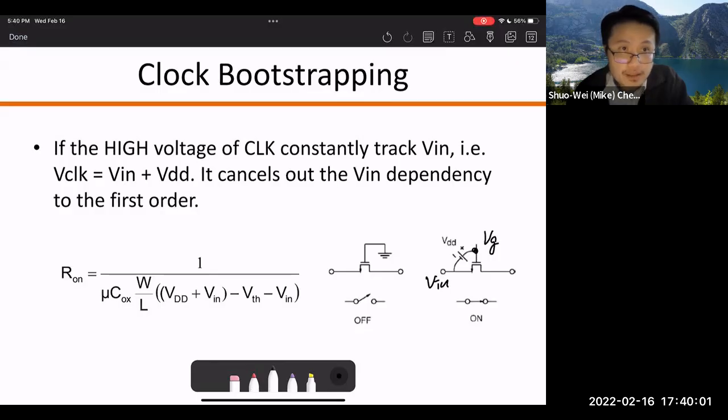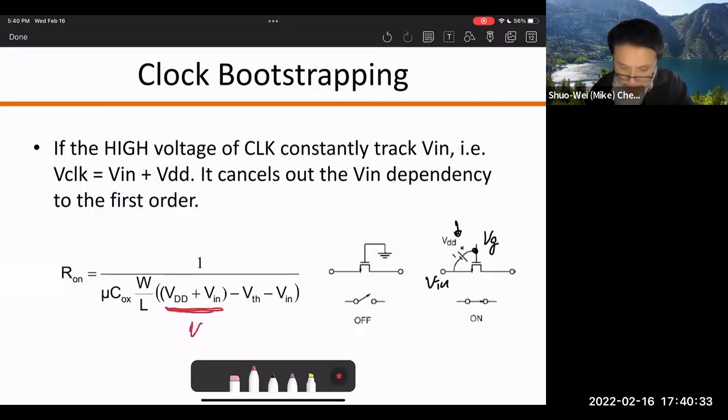So it's essentially that you add a battery between the input and the output, which is VG, right? So that's why you see this is a battery in between. So what does that do? If in the tracking mode, which means when I turn on that sampling switch, my gate voltage is precisely V in plus VDD, look at this equation.